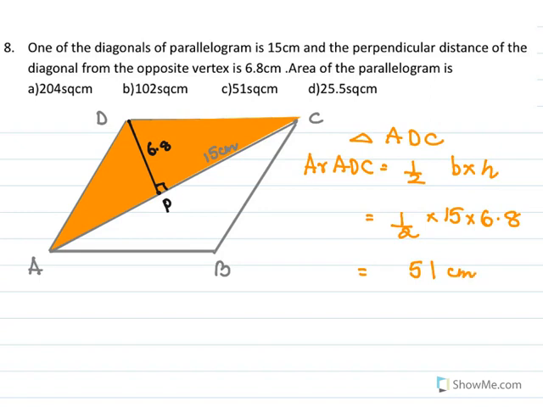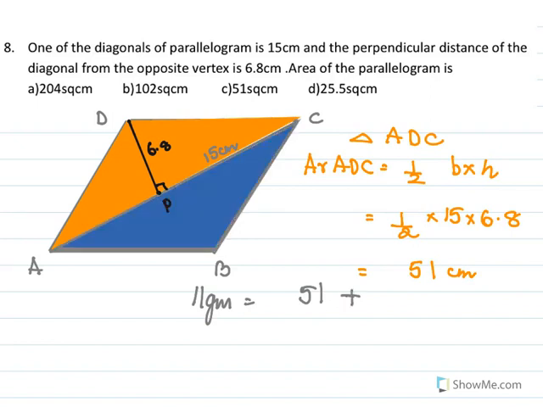Now to find the area of the entire parallelogram, it will be two triangles together, that is 51, and the other triangle, ABC, will also be 51. The blue triangle will also be 51 because in the parallelogram the two triangles are always congruent and equal in area.